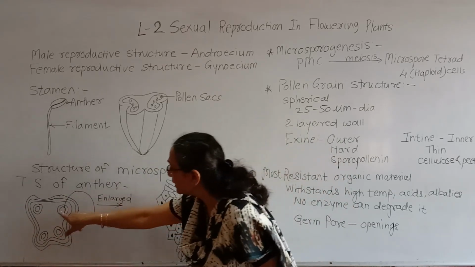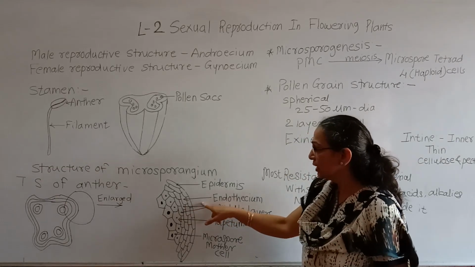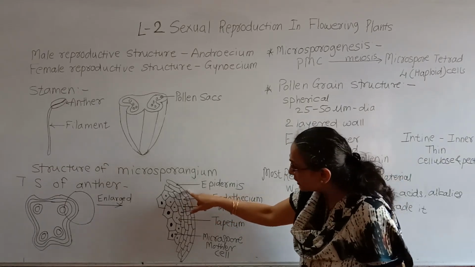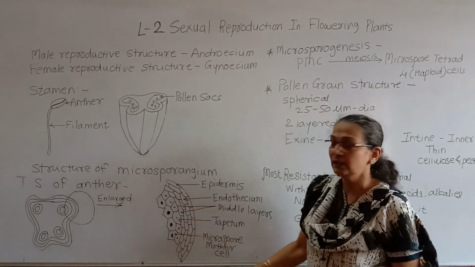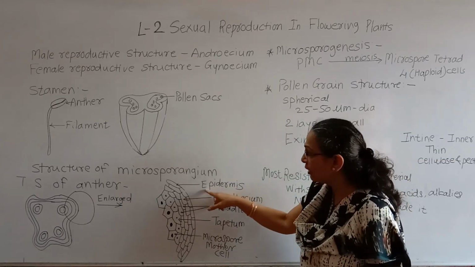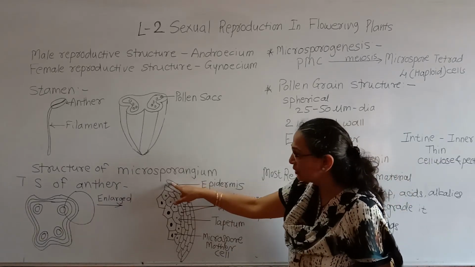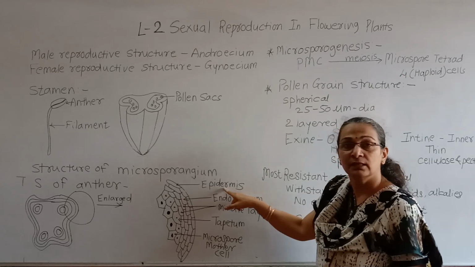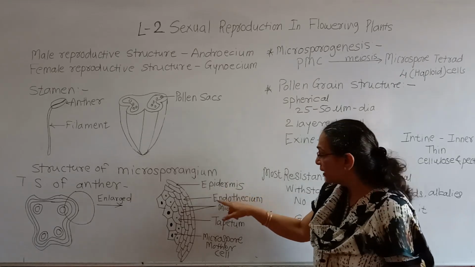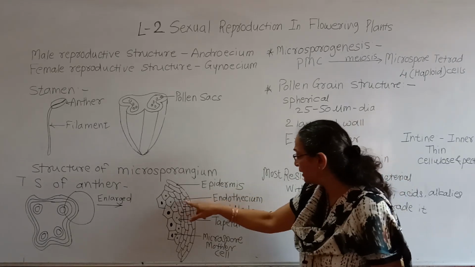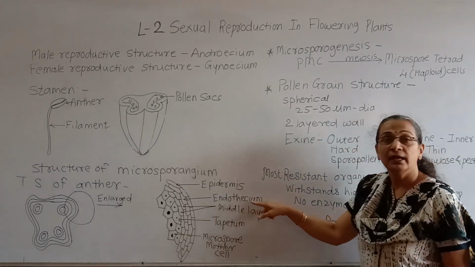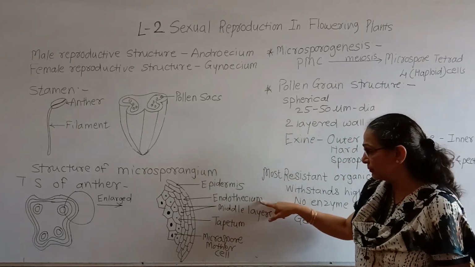Now, if we enlarge this structure, the layers can be seen clearly. The 4 layers are: the outer one is called the epidermis. Next to it, the second layer is called the endothecium.